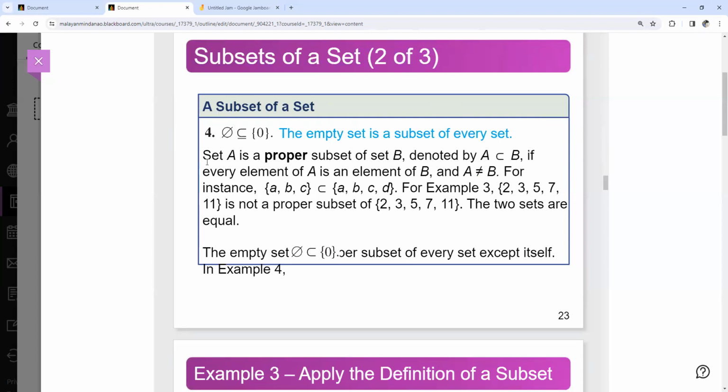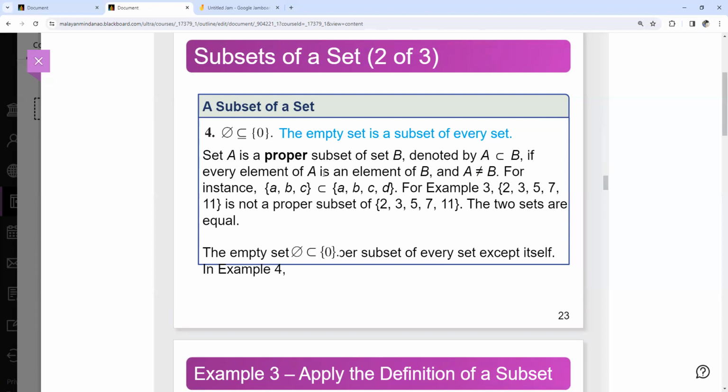However, we have another kind of subset, which is known as the proper subset. You can say that a set is a proper subset of another set, and if you use the symbol, as you can see, there's no line at the bottom anymore. A set A is a proper subset of B if every element of A is an element of B, but they are not equal.